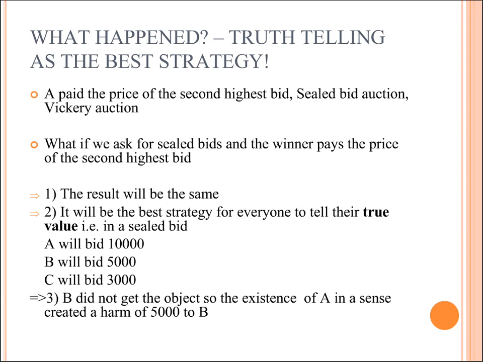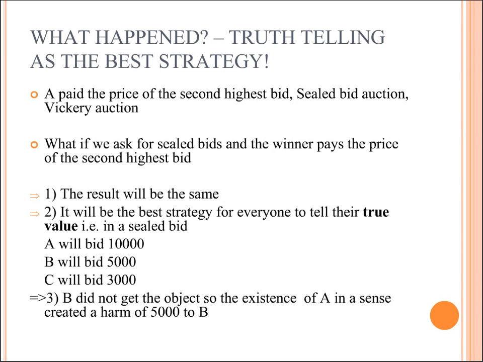Now this is known as the sealed bid auction, the Vickrey auction, and it has three very interesting properties. First of all, the result will be the same. Second, and this you need to think about carefully, it will be the best strategy for everyone to tell their true value, to tell how much they are willing to pay in a sealed bid. So A will bid 10,000, B will bid 5,000, and C will bid 3,000.